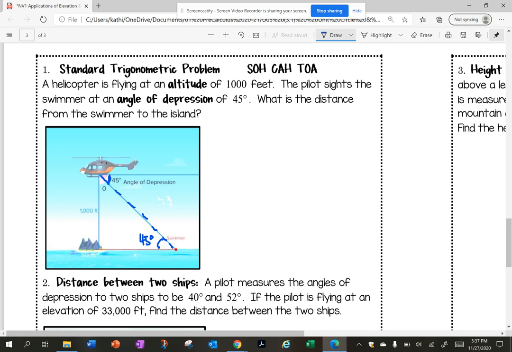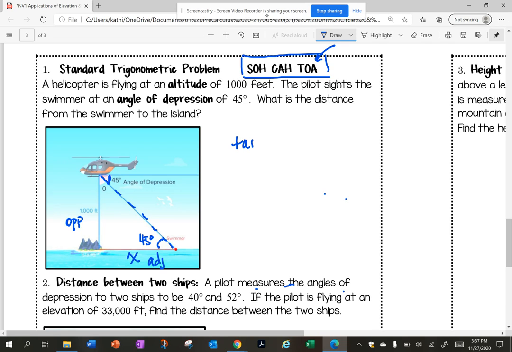So 45 is my reference angle, and I want to know this distance here from the swimmer to the island. This is my adjacent side. This is my opposite side. Using my acronym SOHCAHTOA, I know I want to use tangent because I have the opposite and adjacent sides.